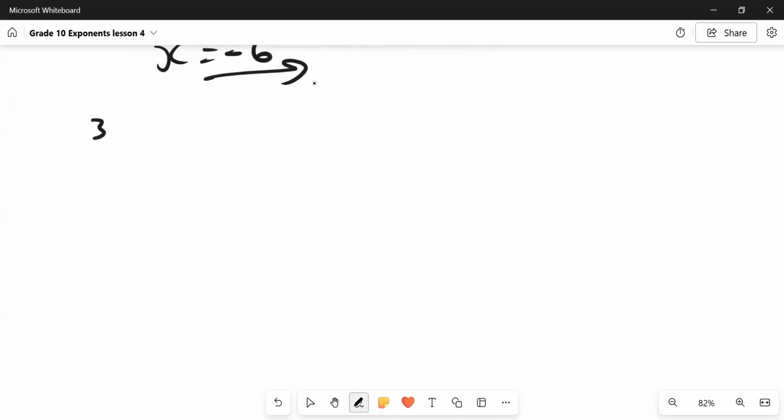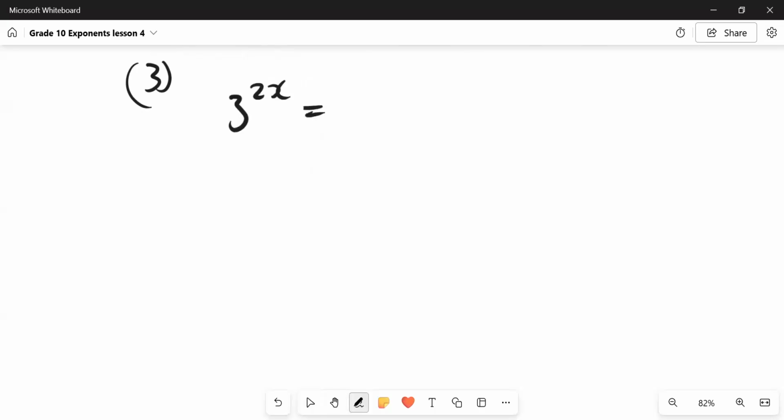Example 3. Let's move to example 3. For example 3, we're still solving. Now we're given 3 to the power 2x is equals to 1 over 9, right? So you'll have your 3 to the power of 2x equals to 1 over 3 squared there.